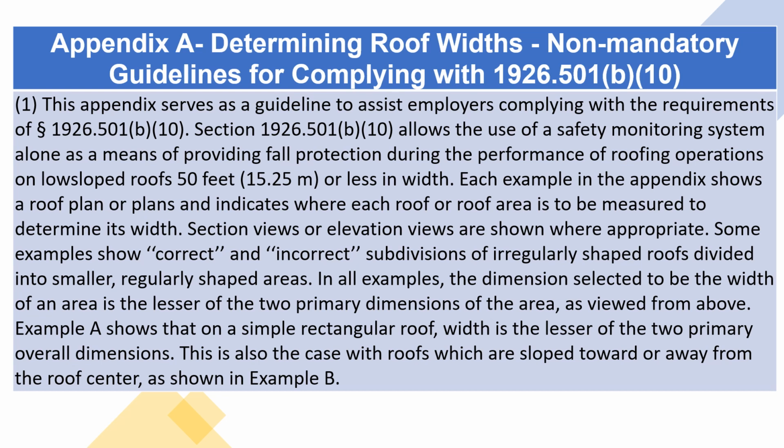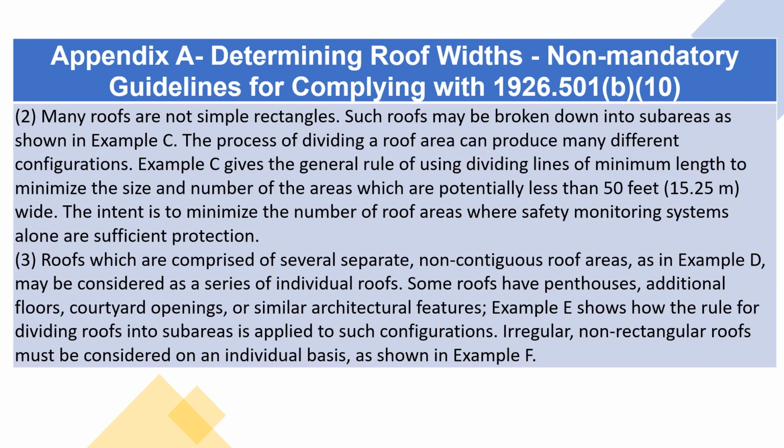Example A shows that on a simple rectangular roof, width is the lesser of the two primary overall dimensions. This is also the case with roofs which are sloped toward or away from the roof center, as shown in example B. 2. Many roofs are not simple rectangles. Such roofs may be broken down into subareas as shown in example C.